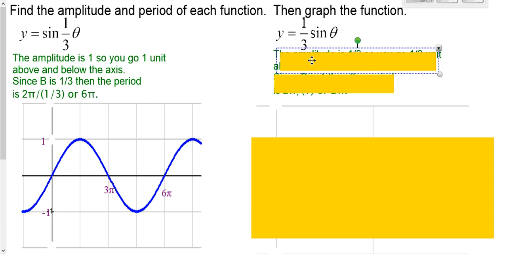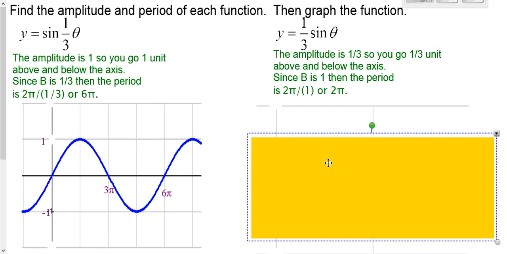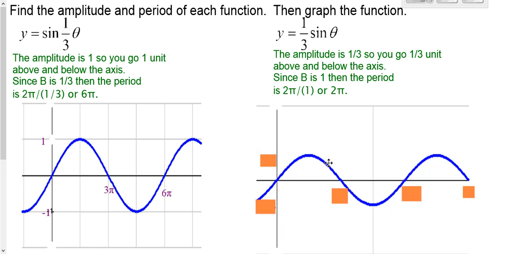The number in front is your amplitude, so that's 1/3. The number in front of my angle is 1, so it's not changing my period, so my period is going to be 2 pi. So start out with your basic sine function. Just draw that in on your axes without any tick marks. Now, the top of this is going to be my amplitude of 1/3.